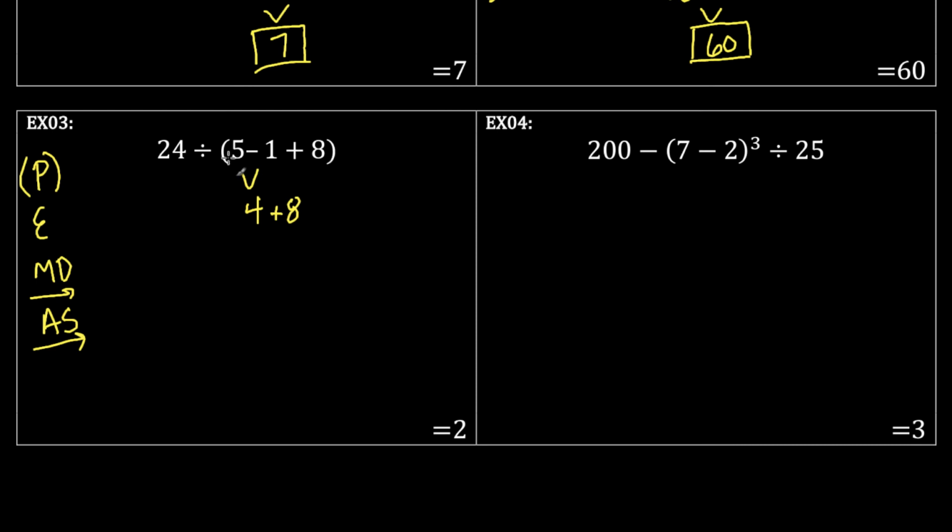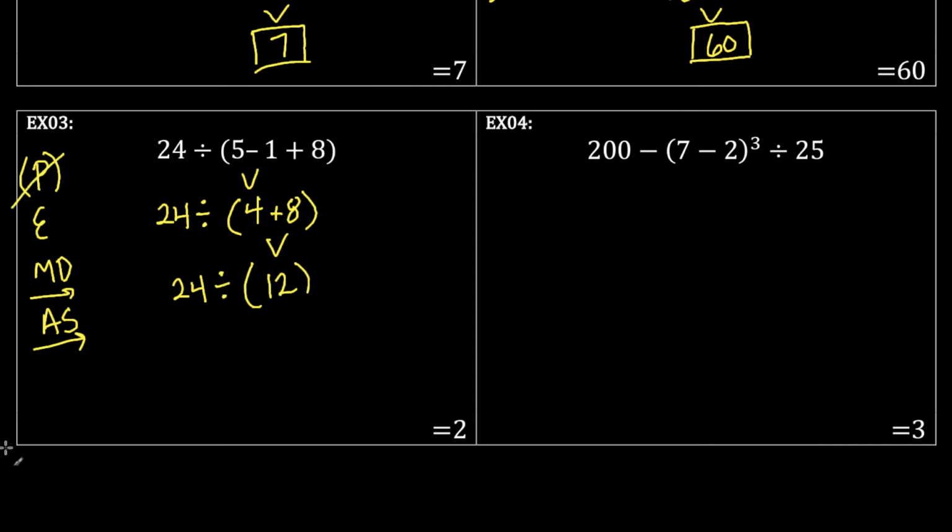And you see how these parentheses are there? I still keep them because they're not done. You have to do all the math before you get rid of them. So we're still in parentheses. 4 plus 8 is 12. Now all the math inside of the parentheses is done.